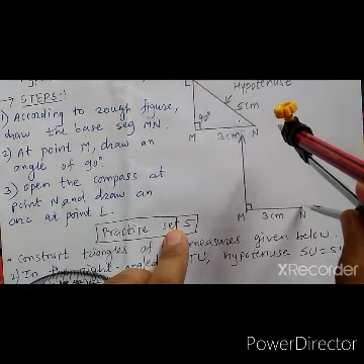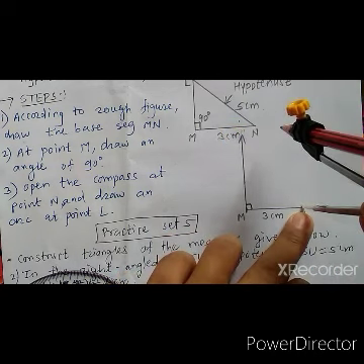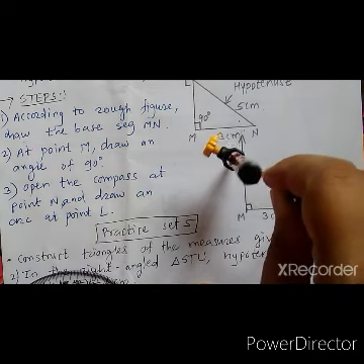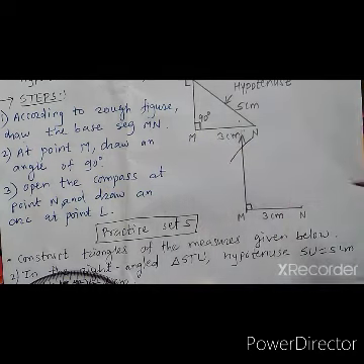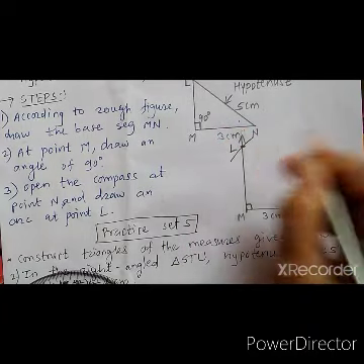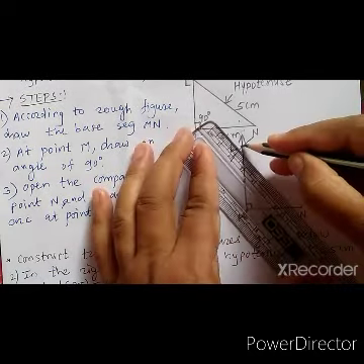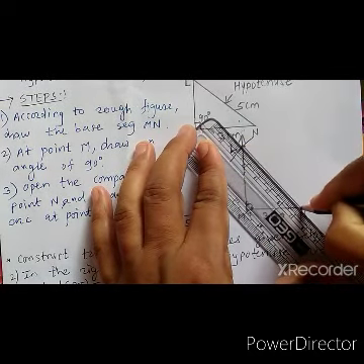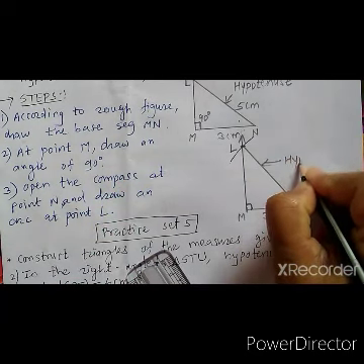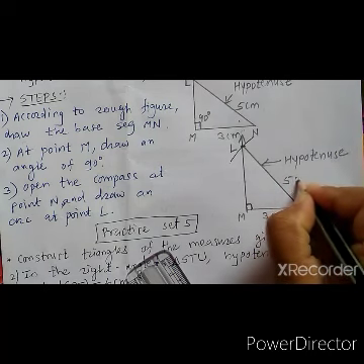Open the compass of 5 cm at point N and draw an arc at point L. Now we have to join these 2 points L and N, and now we got LN, which is hypotenuse of 5 centimeters.